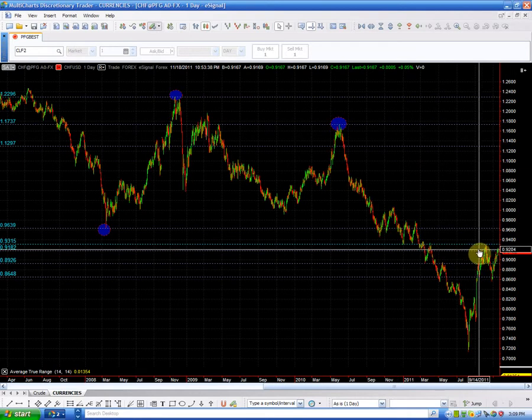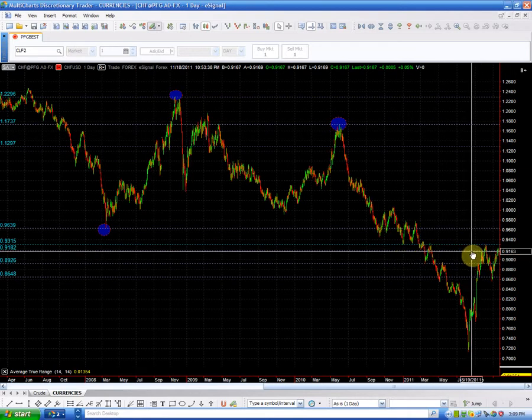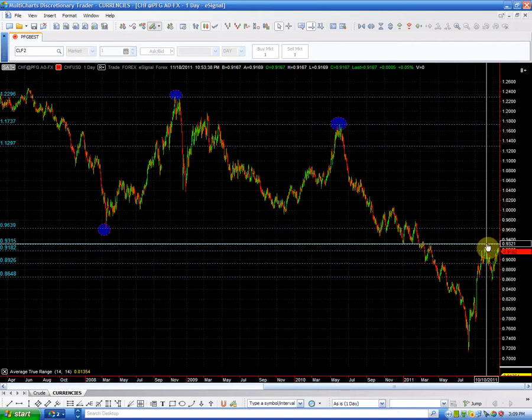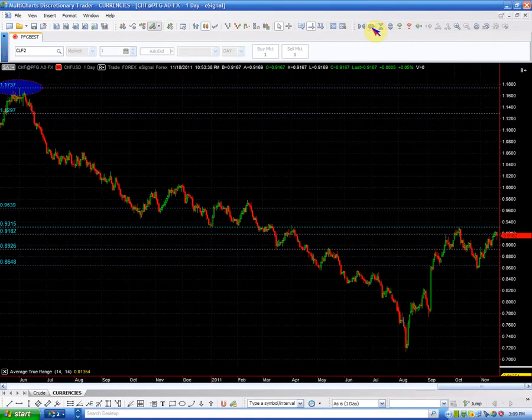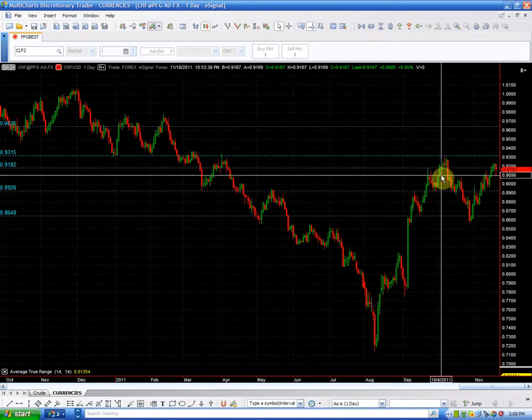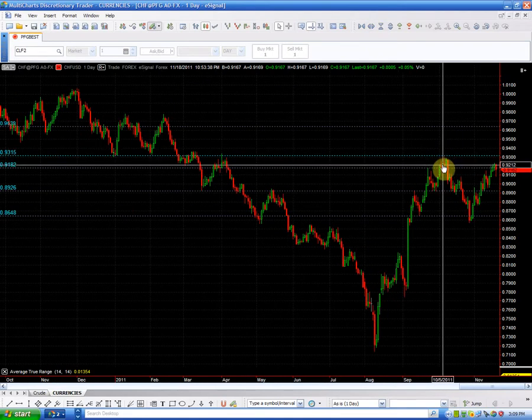So around the 93.15 is a very, very significant point. And if it takes this high, that would be a trend change. That is a structural changing point, and it will be a structural trend change in the dollar Swiss, and the 93.15 is the number.